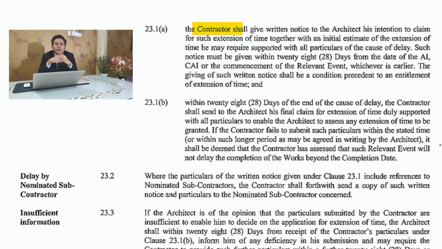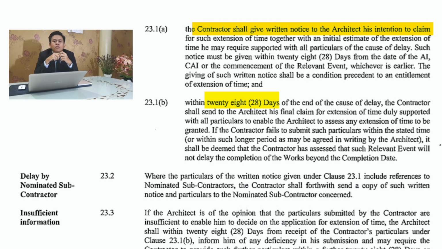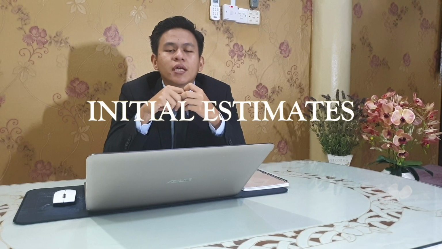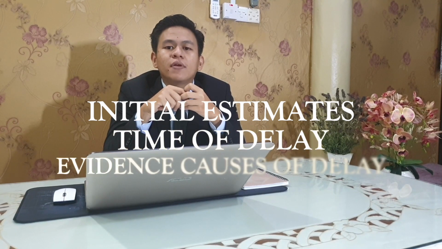Then the contractor notice an application of EOT in writing within 28 days after the MCO started to the architect as stated on clause 23.1a. The contractor are required to include the initial estimate time of delay and the evidence of causes of delay.